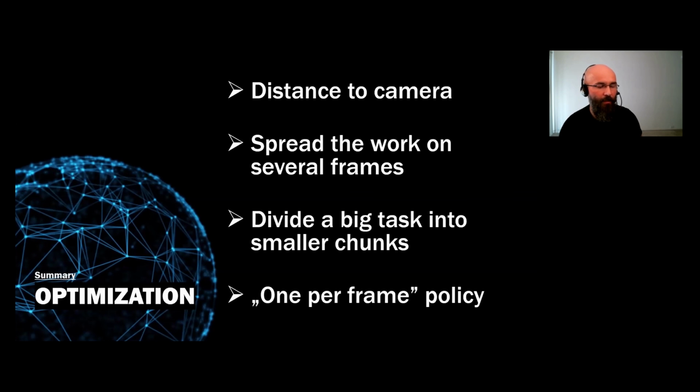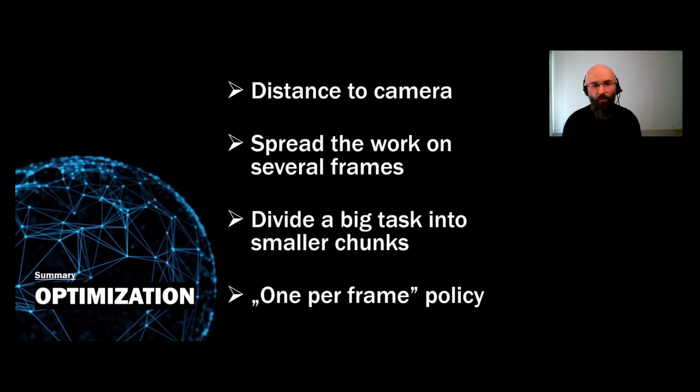Summarizing this optimization chapter: using distance to camera is a really effective way of optimizing your game, and it is used everywhere on many different things. And with your higher level logic, you should try to spread the work over several frames, dividing your big task into smaller chunks.